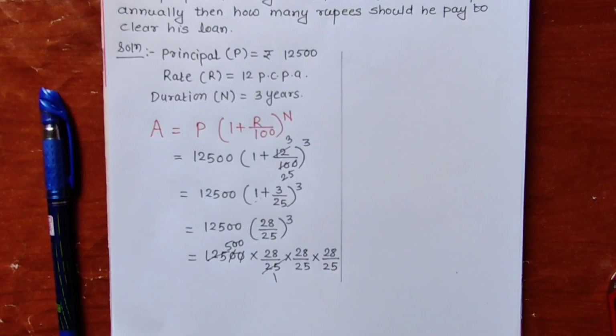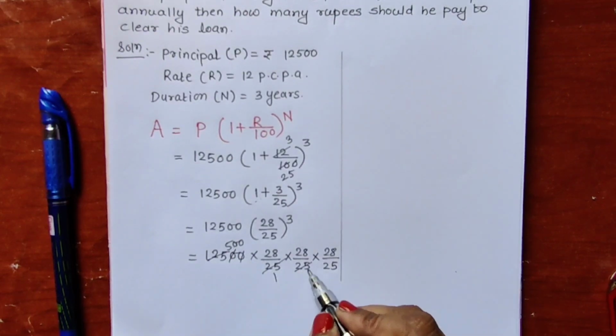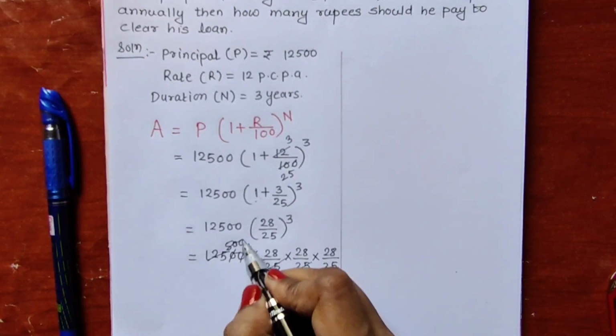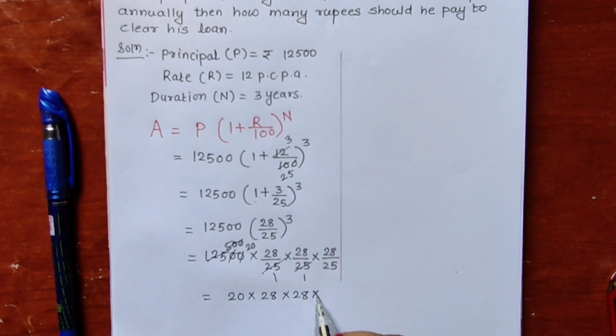Now again 500 is there, so we can cancel this 500 by this second 25, 25 ones are 25, 25 twos are 50, and 25 zeros are 0. So in this way we are getting 20 into 28 into 28 into 28 upon this 125 is remaining, so that I am going to write here.